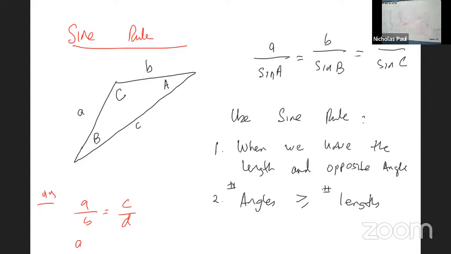So a times d equals b times c, and then you make d the subject of the formula. Okay, that's a quick reminder: two fractions, equal sign, cross multiply.